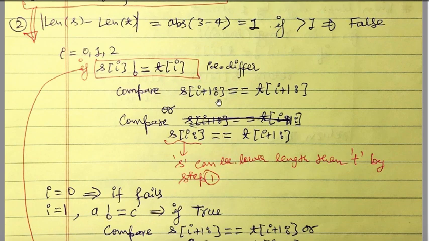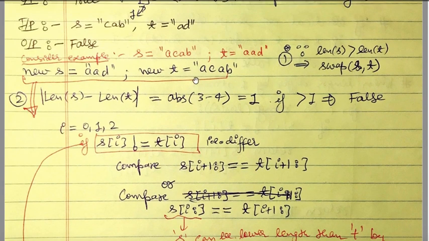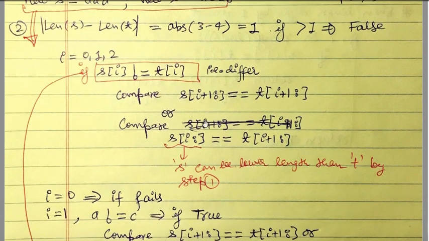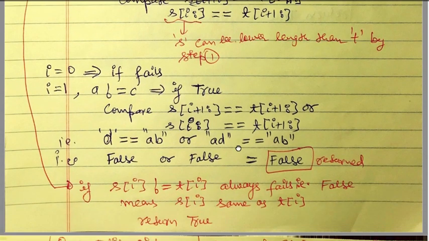So let's imagine that the two strings are exactly the same, say AAD and AAAD. What will happen? S[i] equals T[i] will always be satisfied. So if S[i] and T[i] are identical, the if will always fail, and we will reach the end of the function.